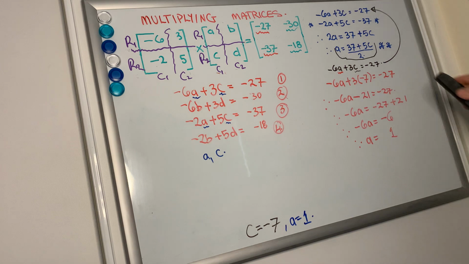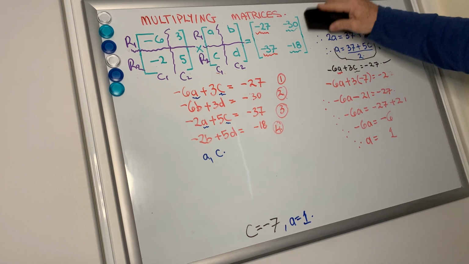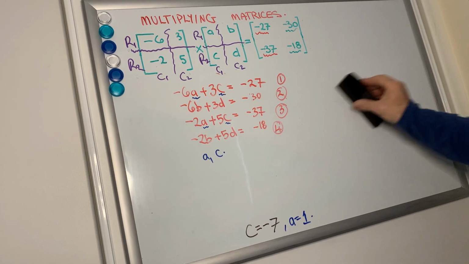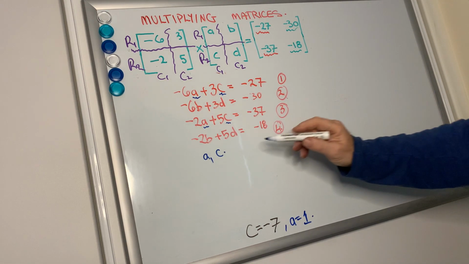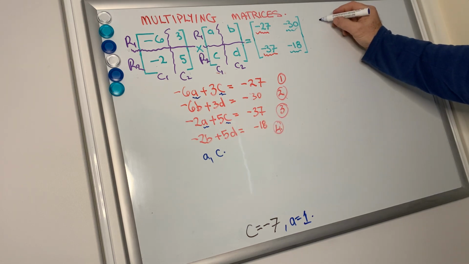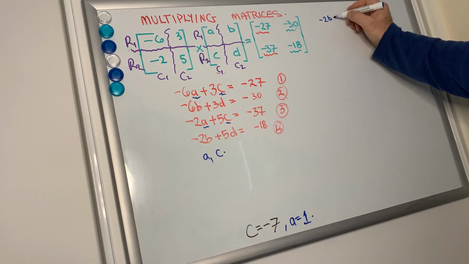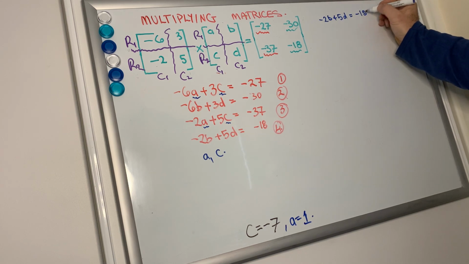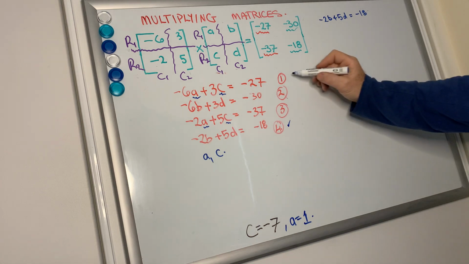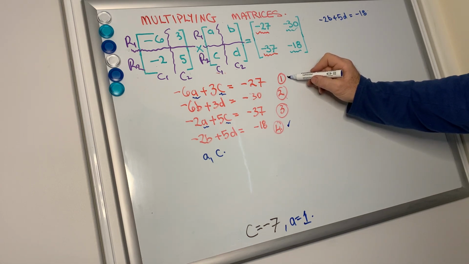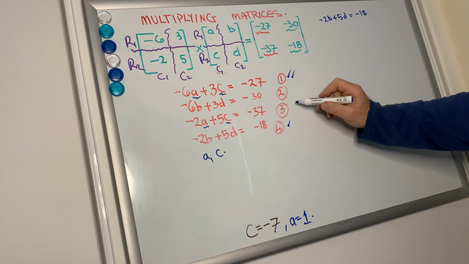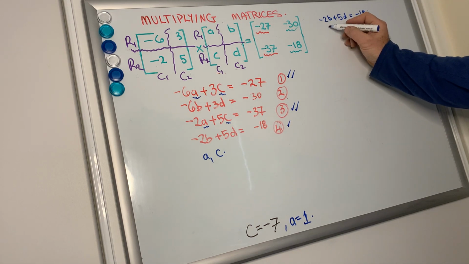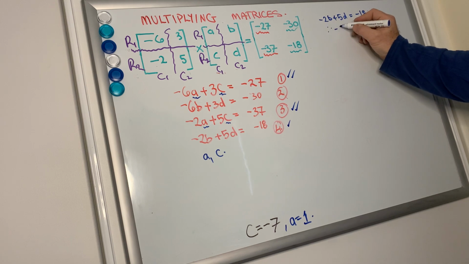Now, let's take all this out, and we'll do the same with the other formulas. We can take the formula minus 2b plus 5d equals minus 18. Let's take this formula here. We've already solved for a, which is 1, and we've solved for c.